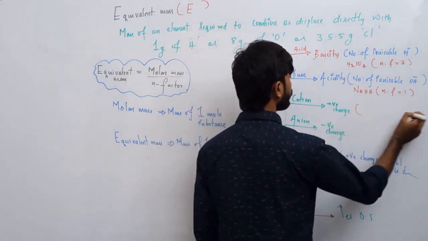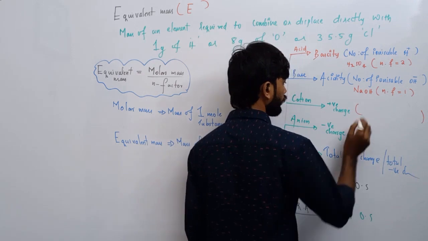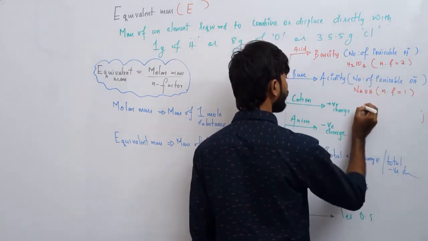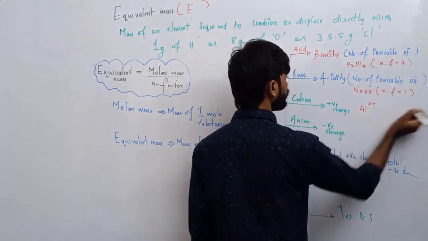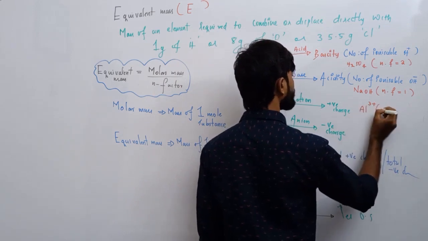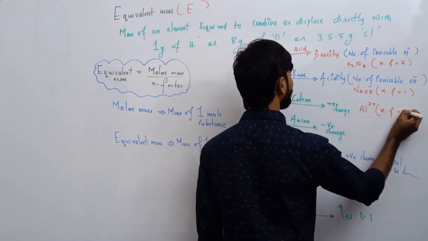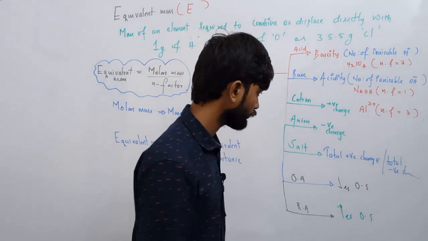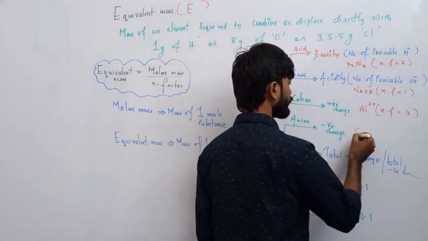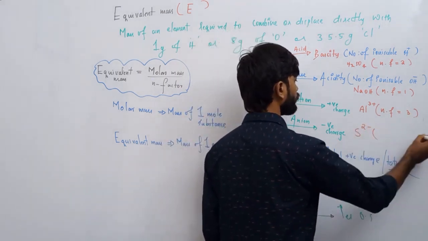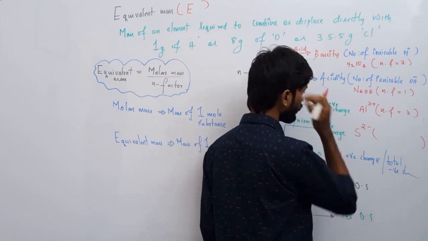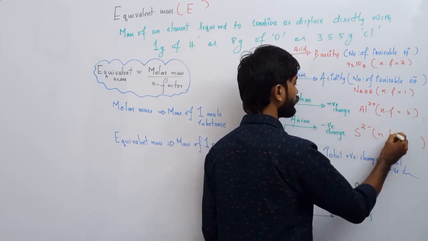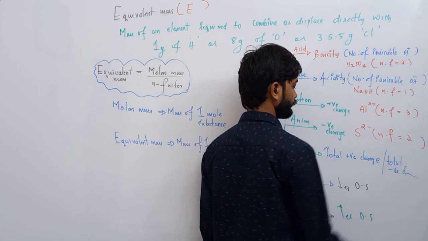For the cation Al3 plus, the number of positive charge is 3, so the n factor is 3. For S2 minus, an anion, the number of negative charge is 2, so the n factor is 2.